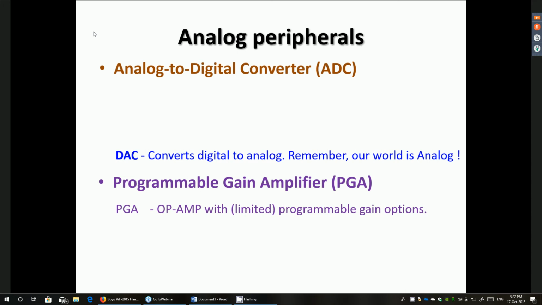We just happen to operate in cutoff or saturation. We don't operate in the linear region. So this sometimes brings a smile to the faces of the students. Okay, so analog to digital converters and digital to analog converters, and op-amp, the very fundamental building block of all analog circuits. Modern microcontrollers usually have some programmable gain op-amps on chip.